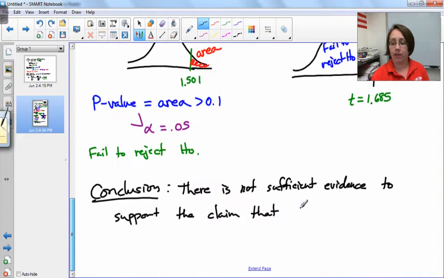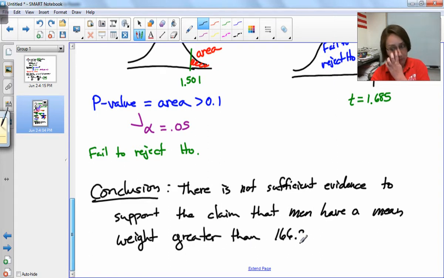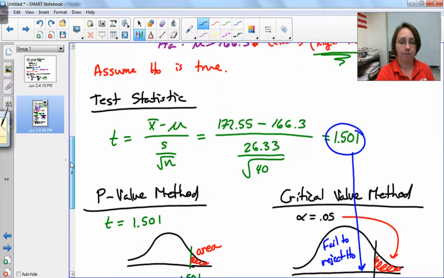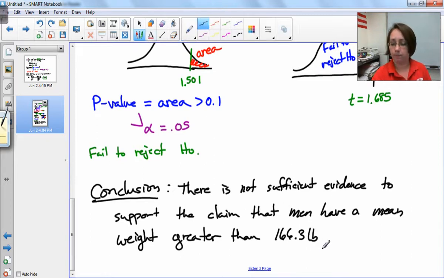Men have a mean weight greater than 166.33. Is it 33? Nope, just 13 pounds. And you're done. That's hypothesis testing.